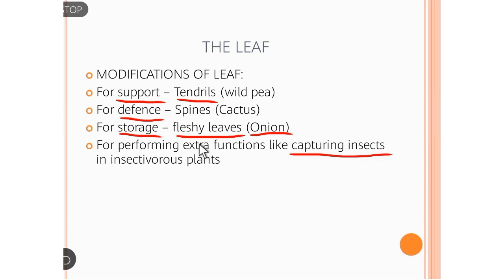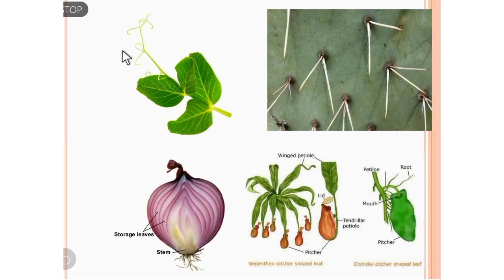So leaves are modified to perform extra functions in such plants. What we see in insectivorous plants, the portion where they capture insects, is nothing but the modification of a leaf.